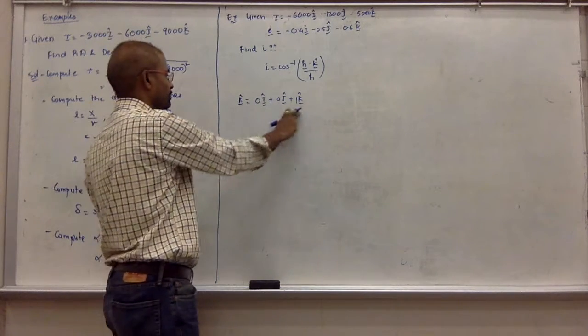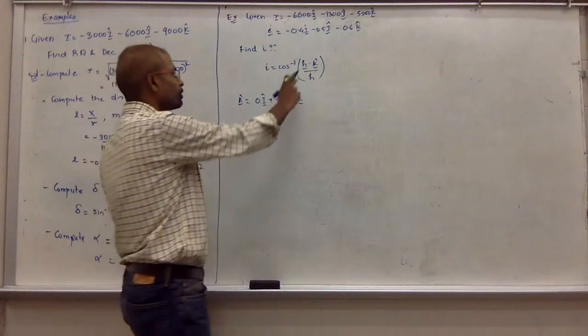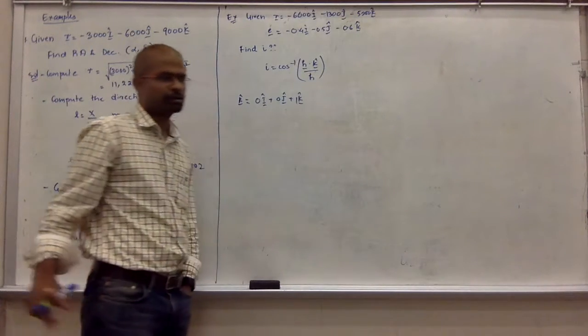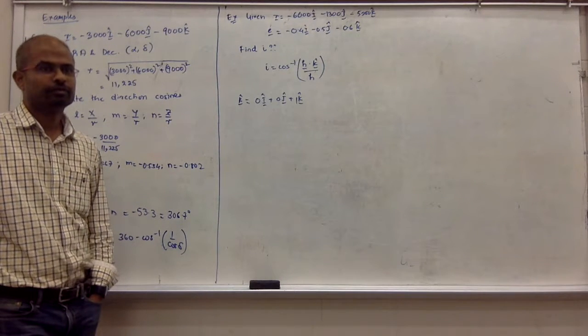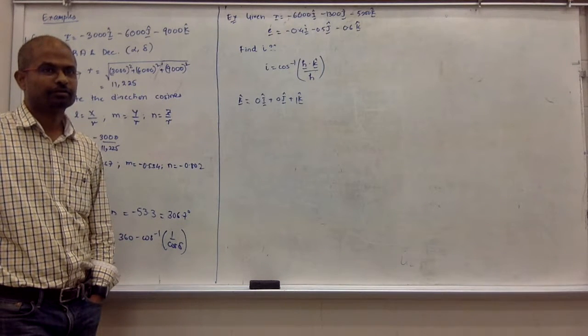Vector K is this. Okay. If you know the vector, you'll know this. So what is that vector? So H, you have to do a cross product.